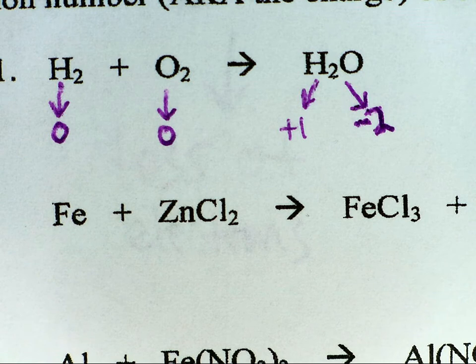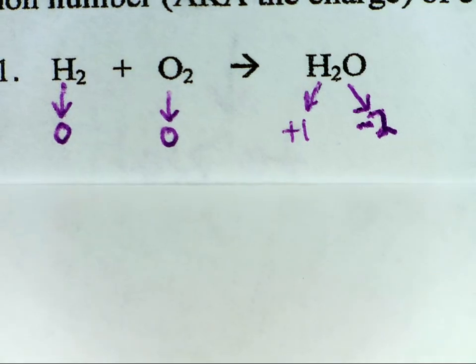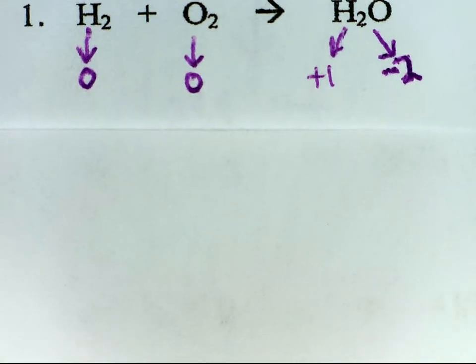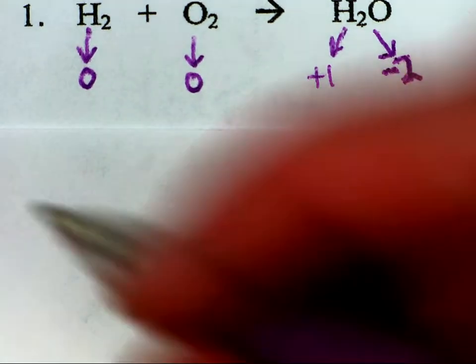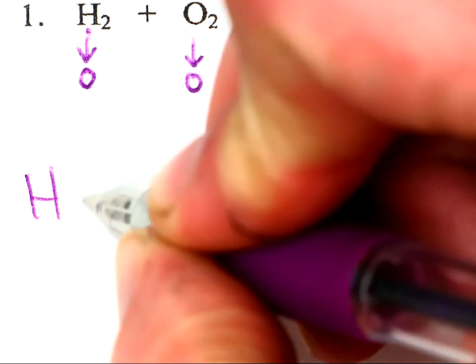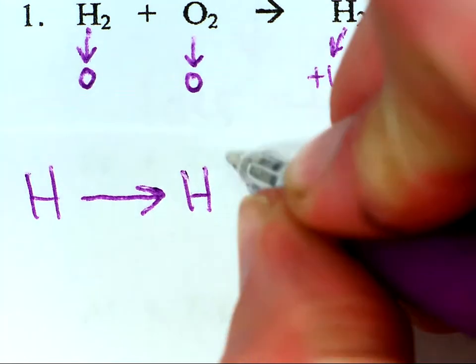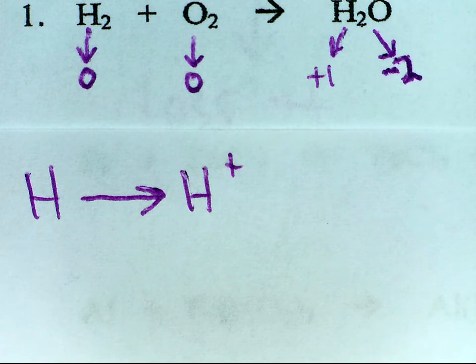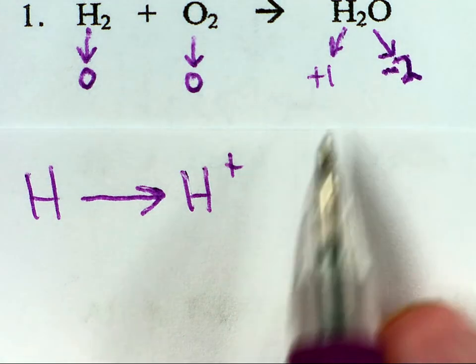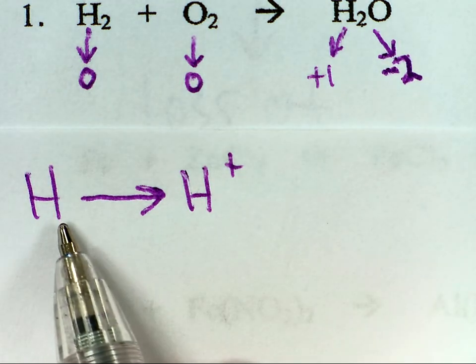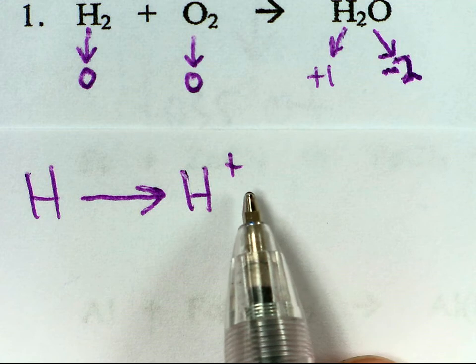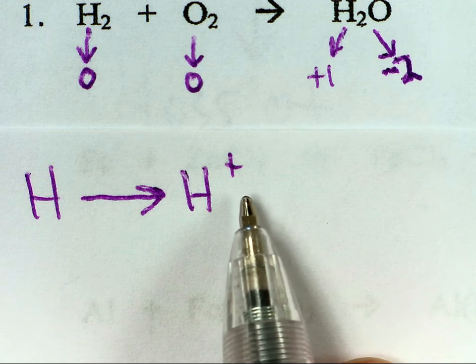What happened here is that hydrogen went from having no charge at all to having a +1 during the course of that reaction. How does it get from H to H+? You have to think, did it gain or lose electrons?